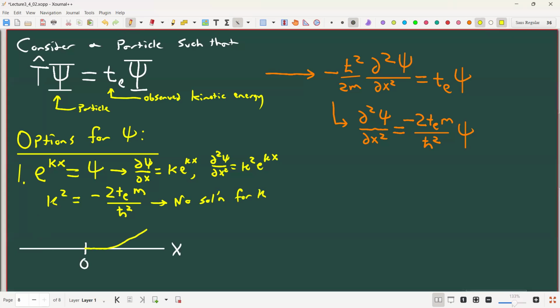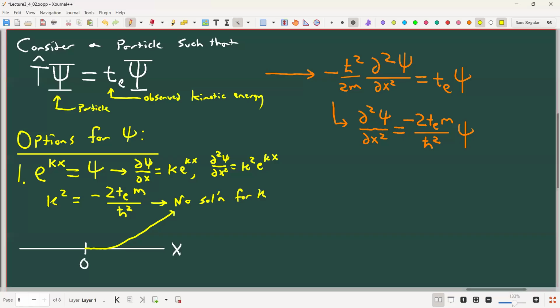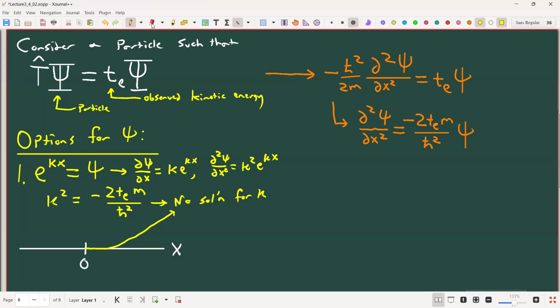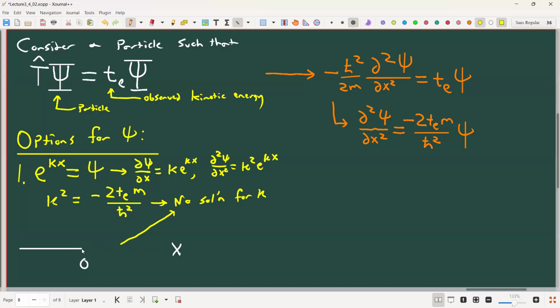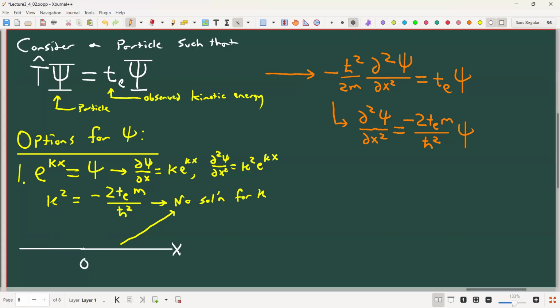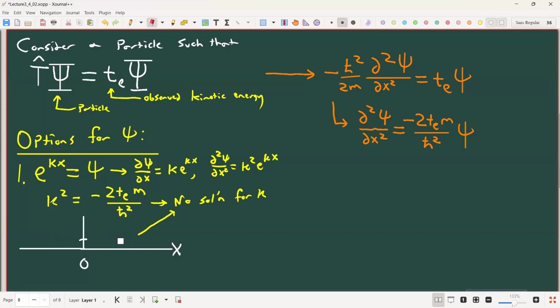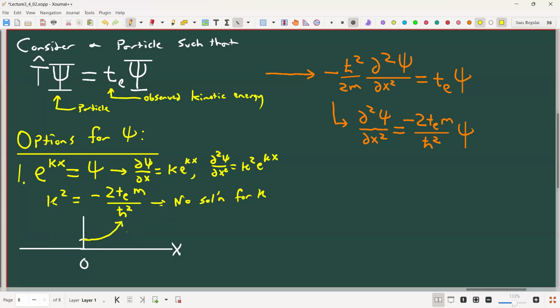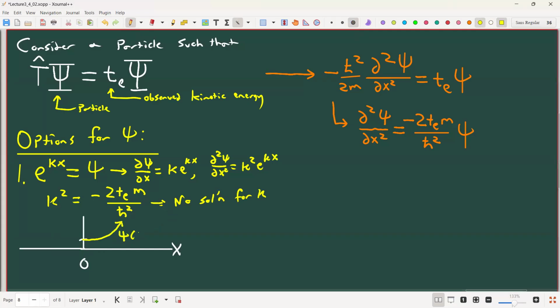Sorry, let me start that over. e to the 0 is 1. So the value starts from 1 and grows exponentially, like that. That should be psi.